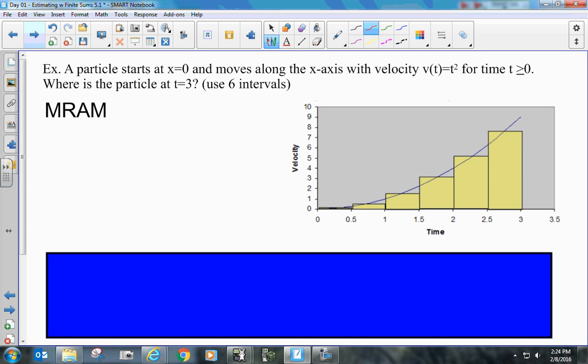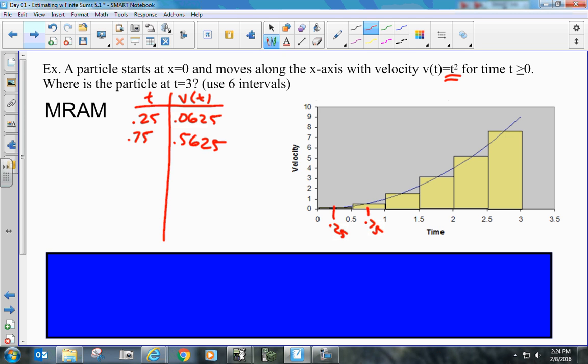So, if I have my t and my v of t, what's the middle right here? 0.25. What happens when I square 0.25? 0.0625. Because don't forget, we're squaring everything. What's the middle here? 0.75. What do you get when I square 0.75? 0.5625.